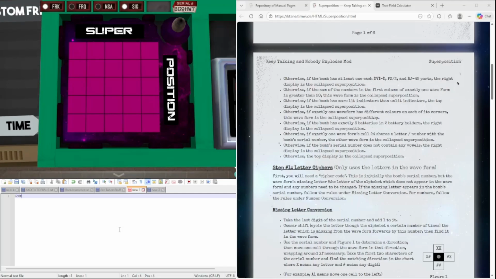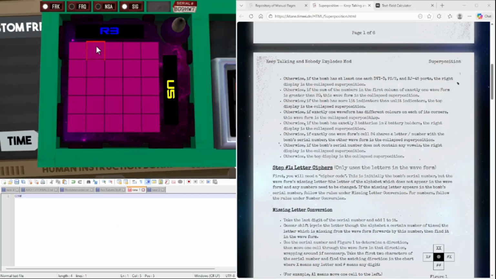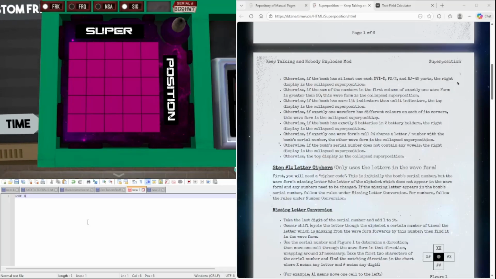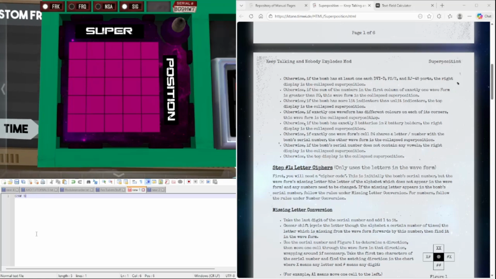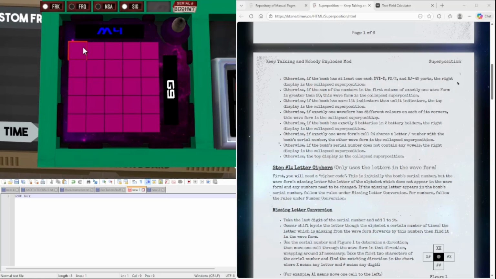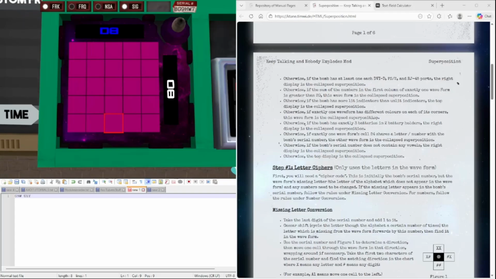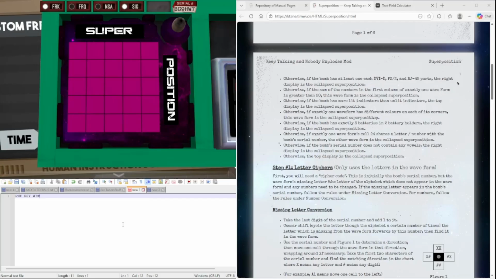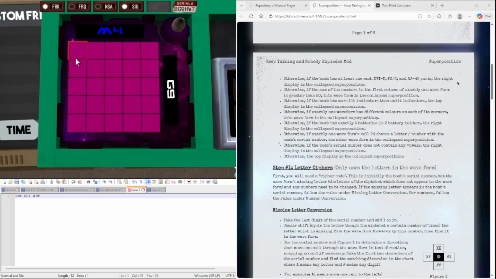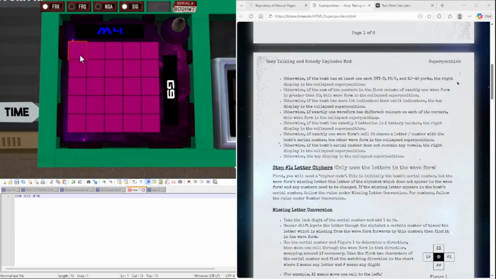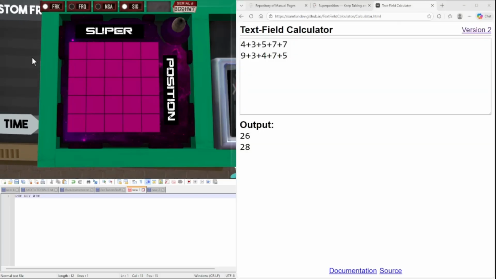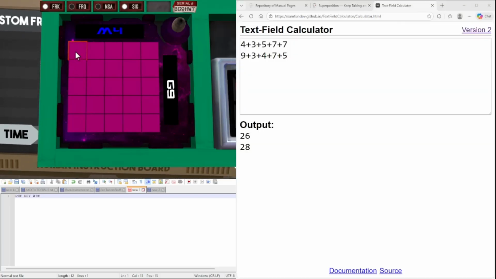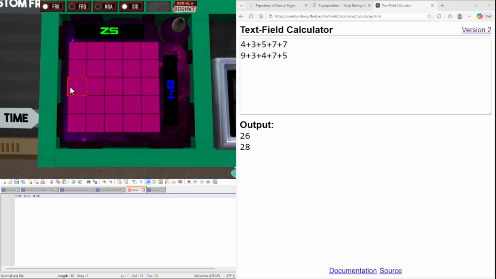G9 white, U2 yellow, U5 yellow even. W7 white. Just making sure of these again. 4933, 54775, yeah.